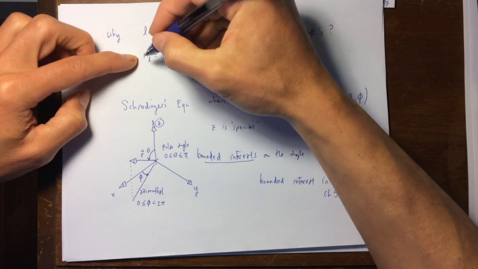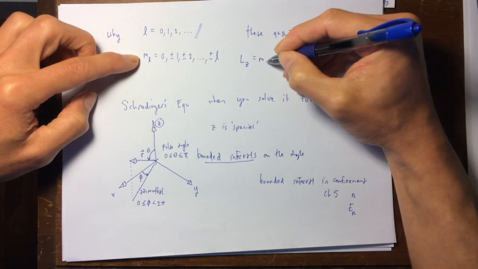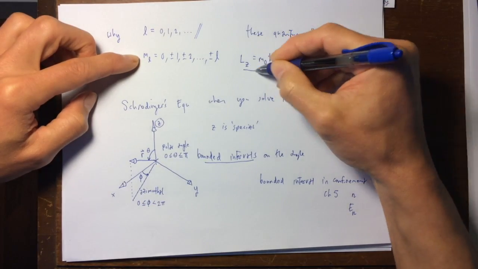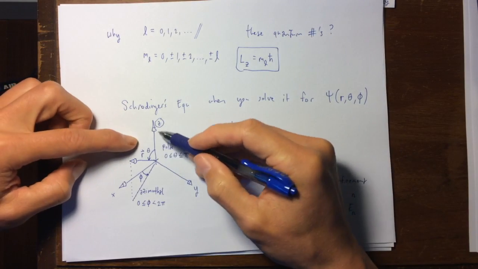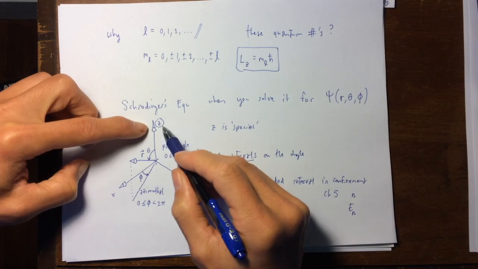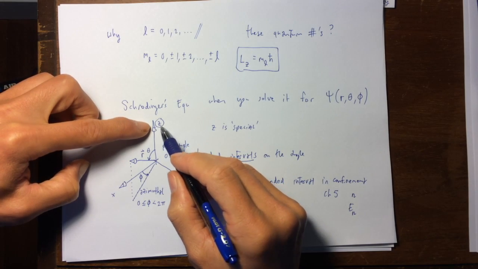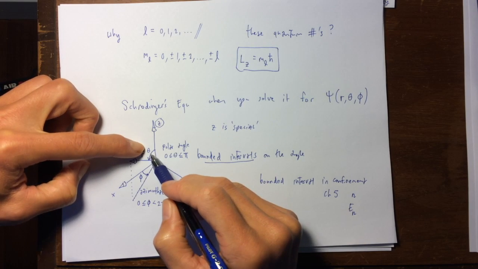This is related to the z component of angular momentum, and the z component is chosen to be special because of our pick of the z-axis to be the polar axis that the polar angle is read from.